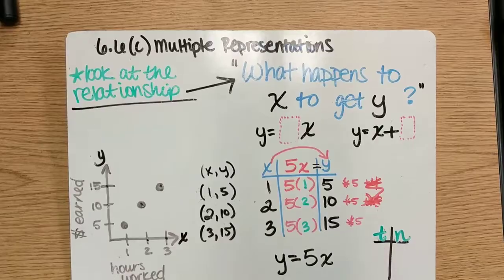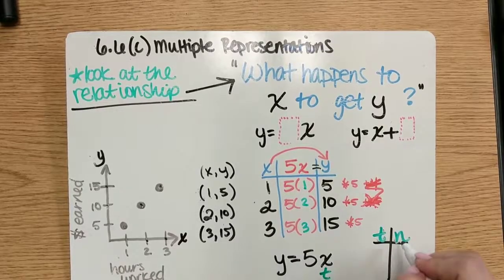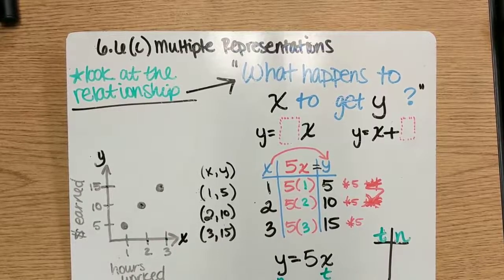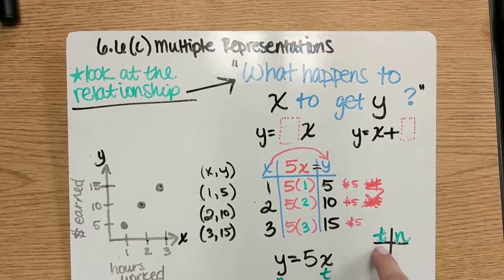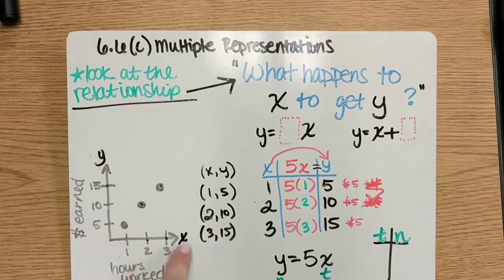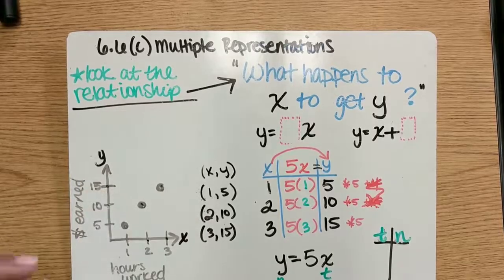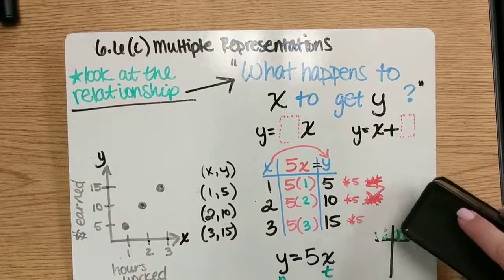Our T would be our X, and our N would be our Y. The X is always the first one. So same thing over here. This would be our T, and that would be our Y. So they like to trick us like that.